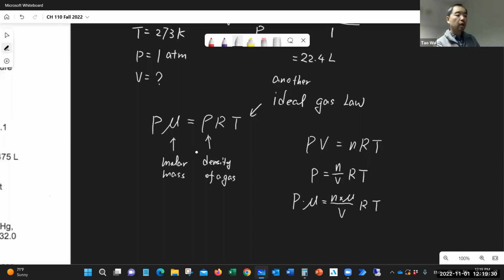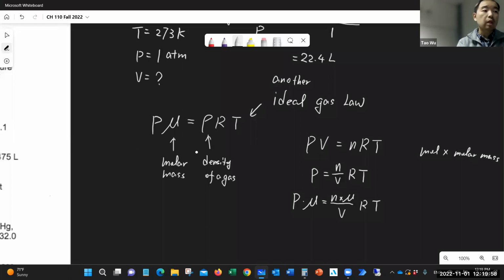Now when we write it like this, you can see moles times molar mass equals what? Do you still remember the equation? Mole equals mass over molar mass, so molar mass times mole equals mass.